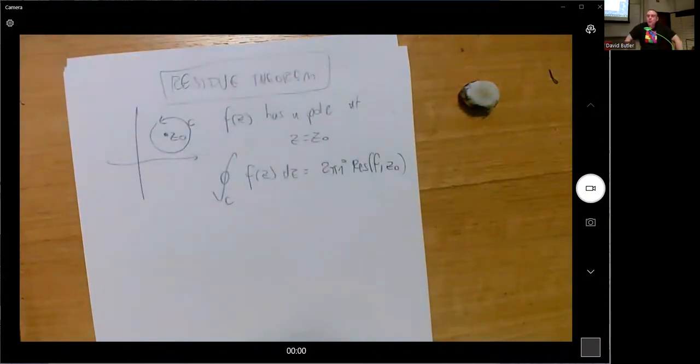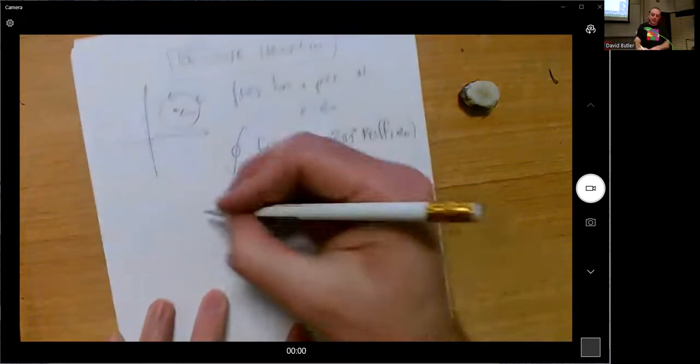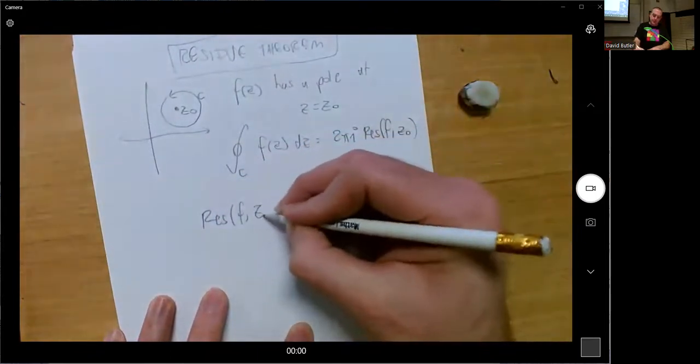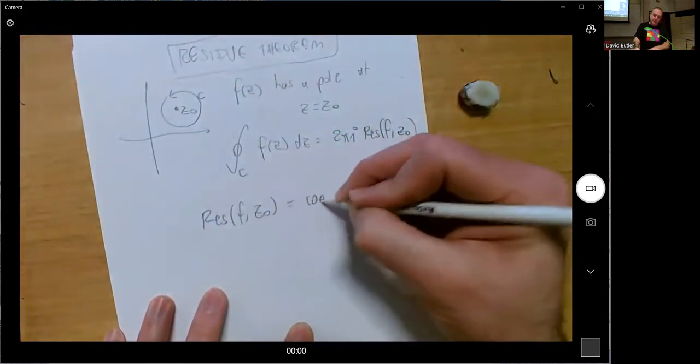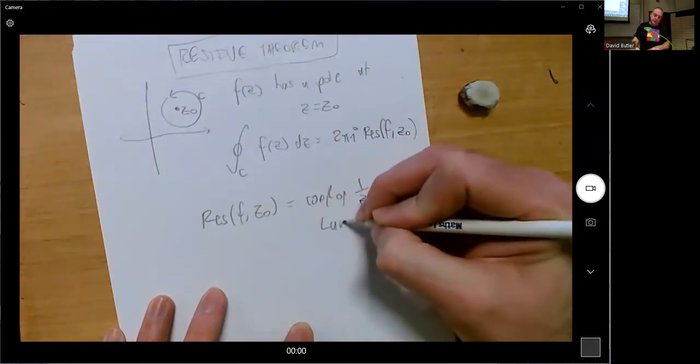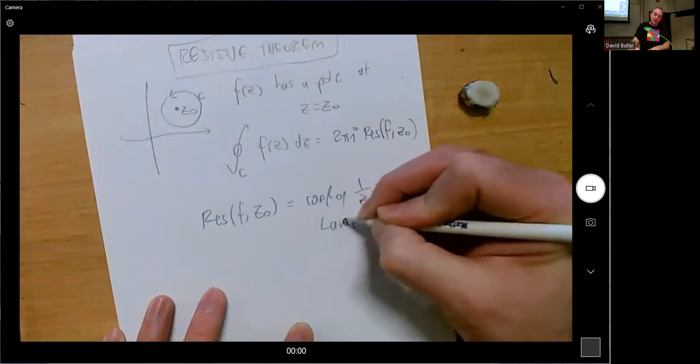And what does residue mean? Well, I don't fully understand. So the residue is the coefficient of 1 over z in the Laurent series. Is it Laurent, like that?